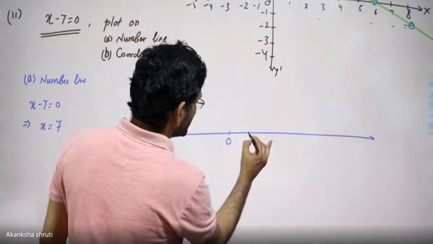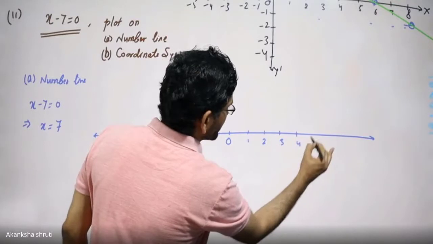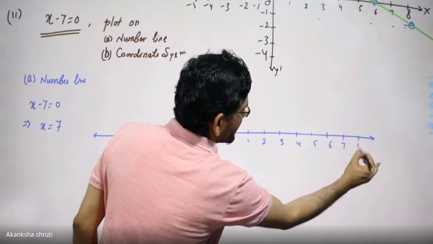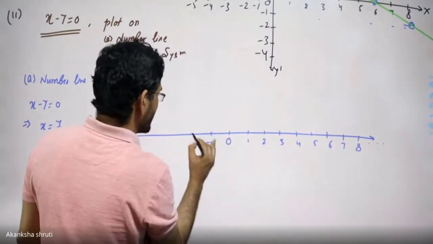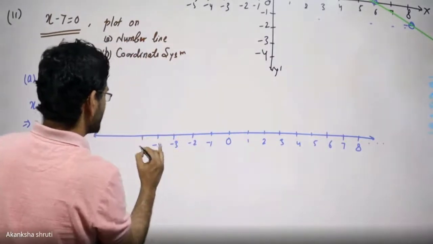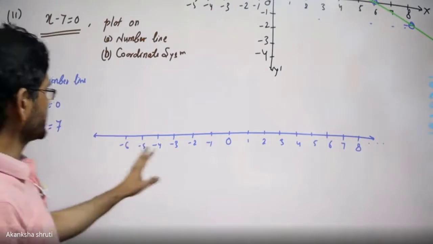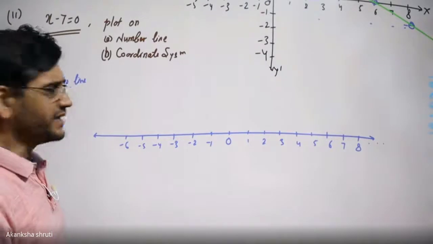This is our 0, then 1, 2, 3, 4, 5, 6, 7, 8, and so on the right hand side, and on the left hand side minus 1, minus 2, minus 3, minus 4, minus 5, minus 6, and so on. Students, all these are equidistant points on this number line.